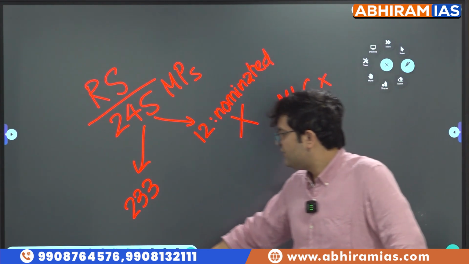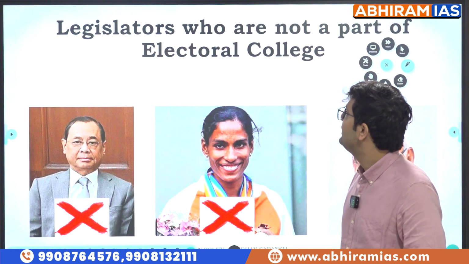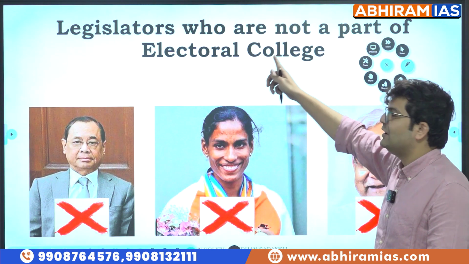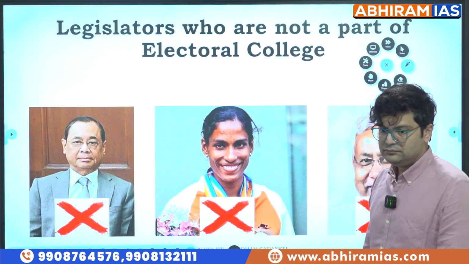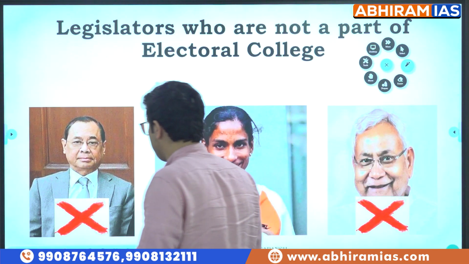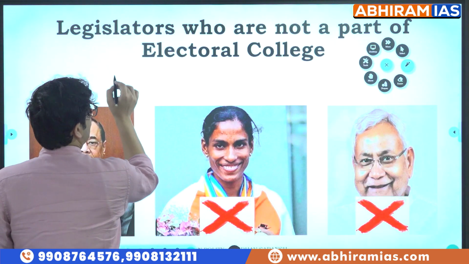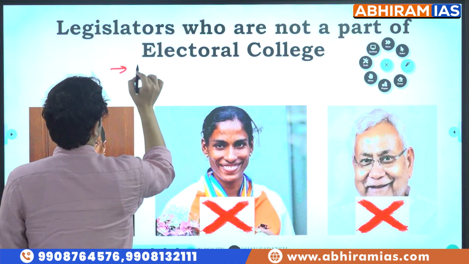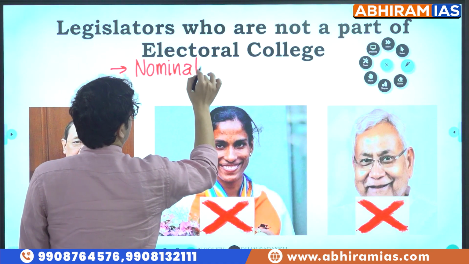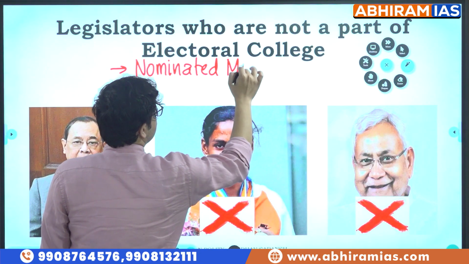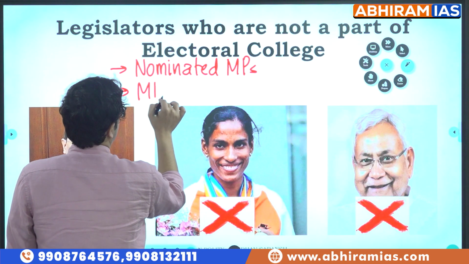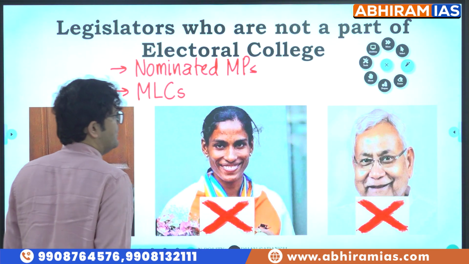Now change the paragraph please and write: legislators who are not a part of the Electoral College. Number 1, nominated MPs. Number 2, MLCs.